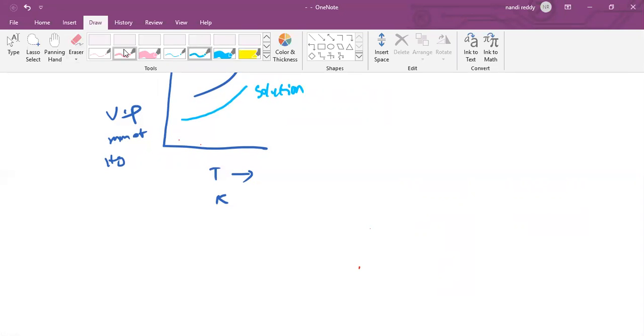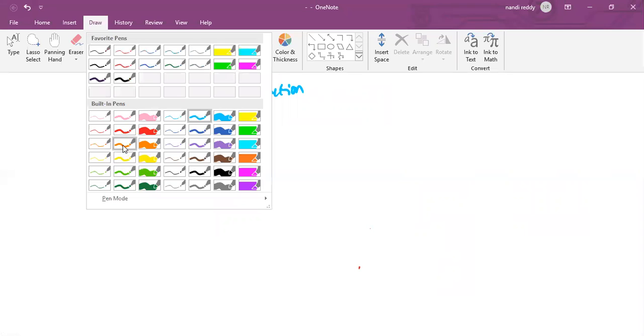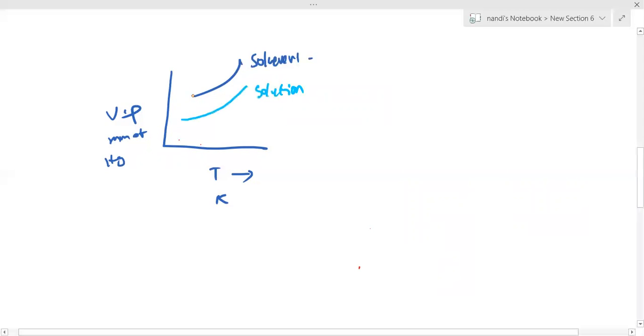We can check it here. This point is liquid. From here onwards, ice, which is the solid state. Up to this it is liquid, and from here onwards, solid.